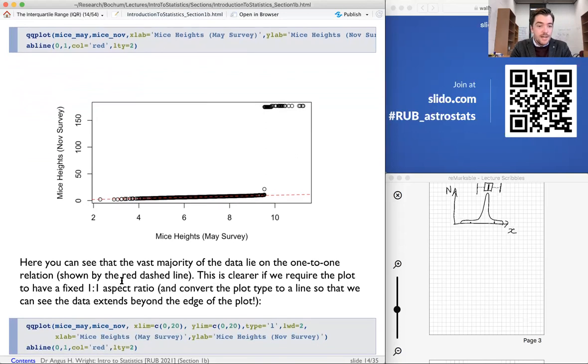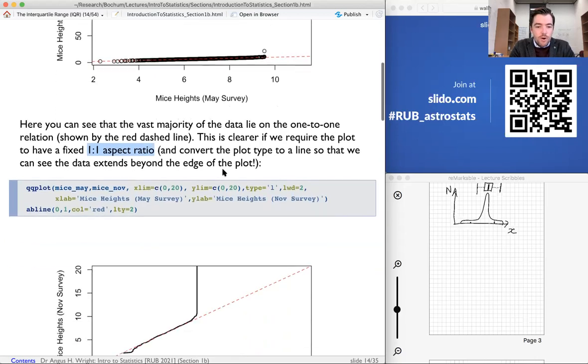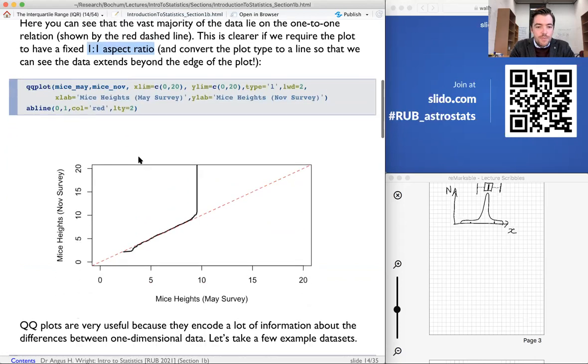And so instead, we can plot with a fixed aspect ratio. So one step in X is one step in Y. And we can plot it around the region where the majority of the data is. And I've converted the points to a line now. And what you can see is that the overwhelming number of quantiles of the heights of the May survey and the November survey sit on the 1-to-1 line.